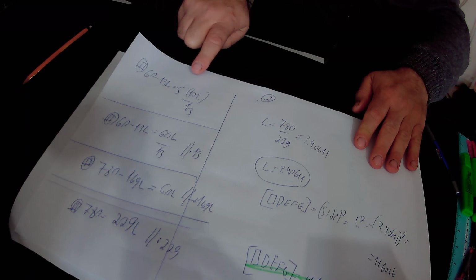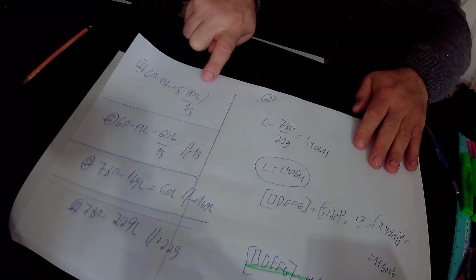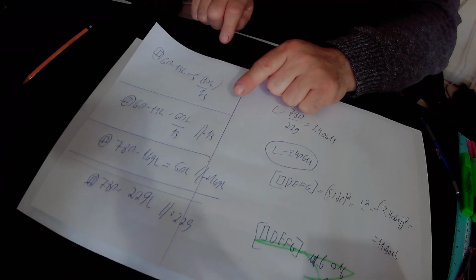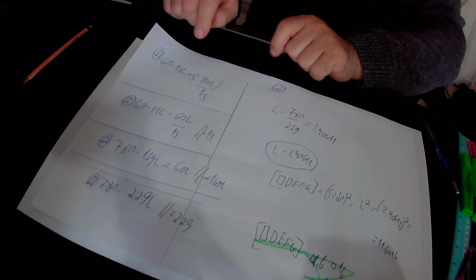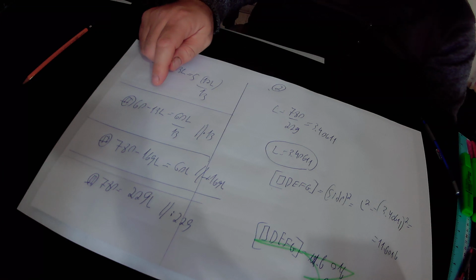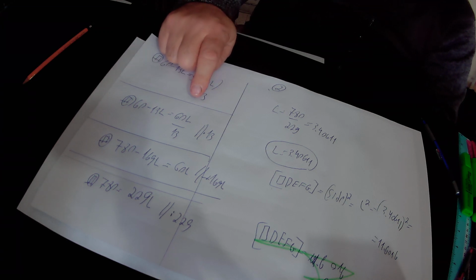Here, 5 times 12L is 60L, so in total this expression equals 60L over 13. And therefore according to equation 2, 60 minus 13L equals 60L over 13.